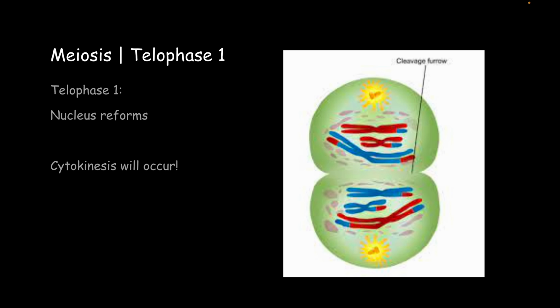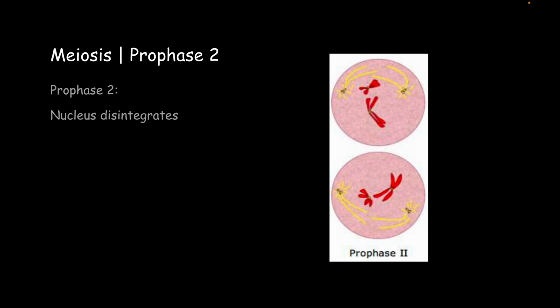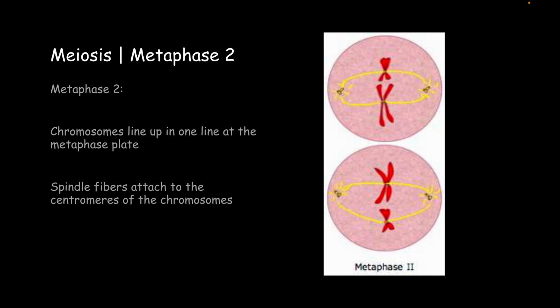So we kind of get back to mitosis here, but it's a little different, because we're going to make haploid cells instead of diploid cells. Like prophase in mitosis, we have prophase 2. The nucleus will disintegrate. We have those 2 daughter cells that we made from PMAT-C1. Now we're on PMAT-C2. We have metaphase.